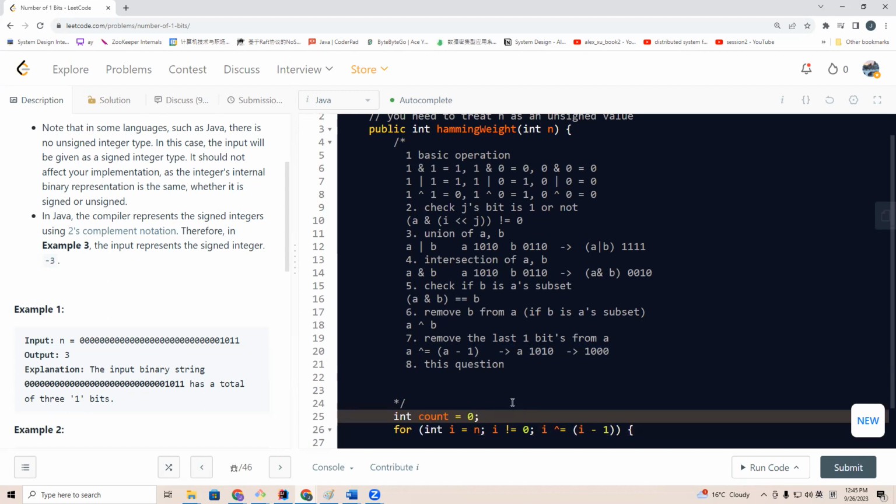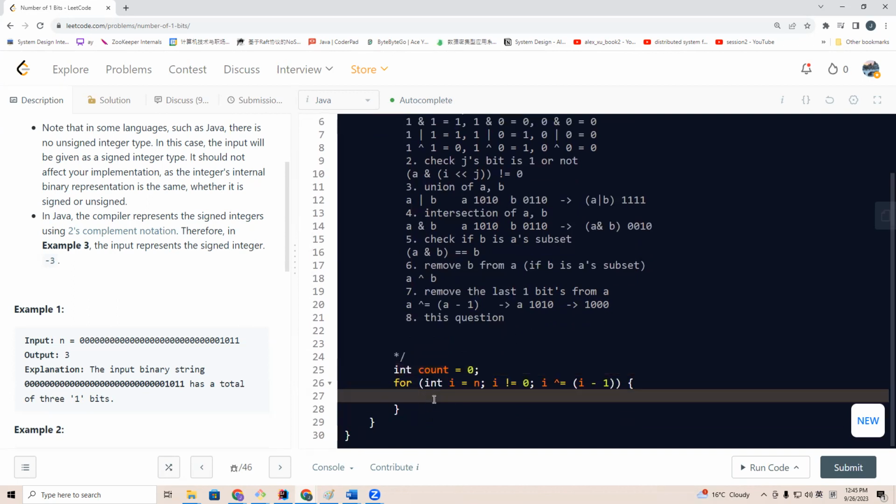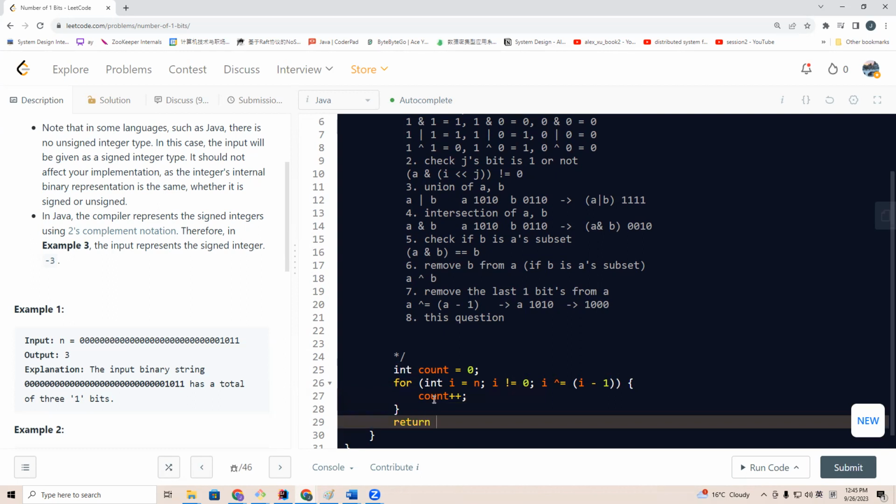That means we keep removing the last 1 bit and increment the count. Then return count.